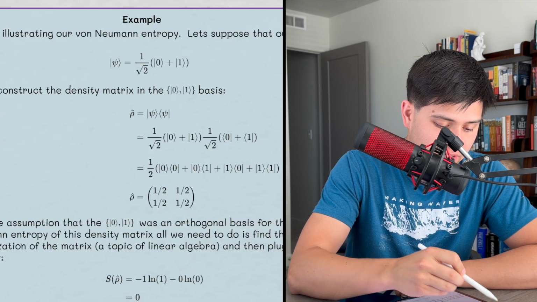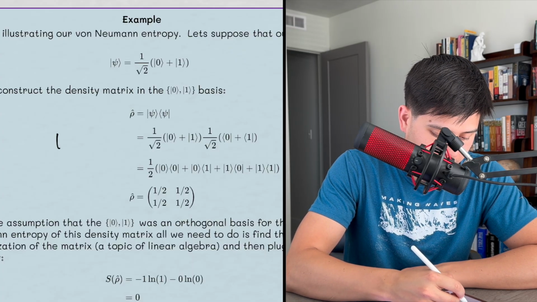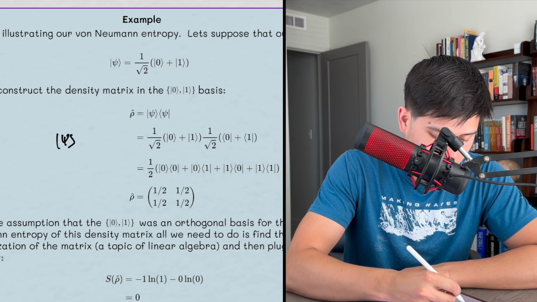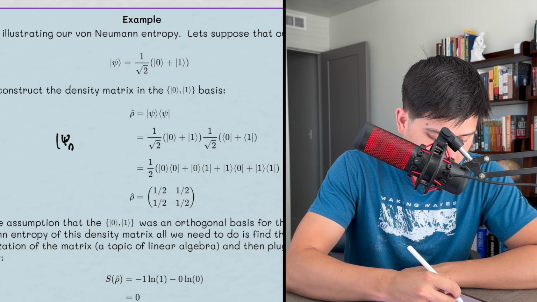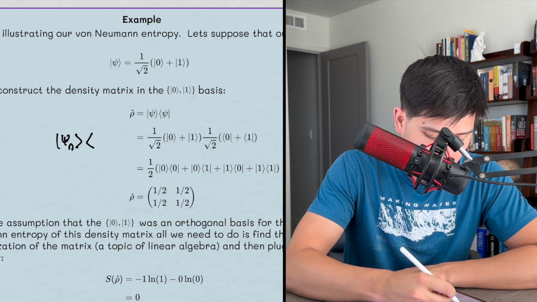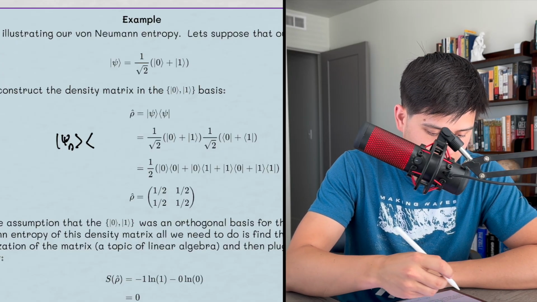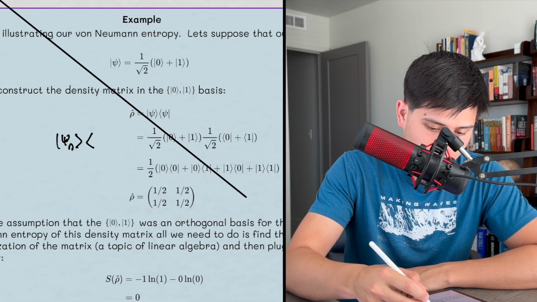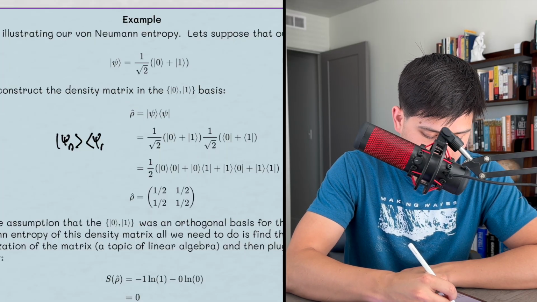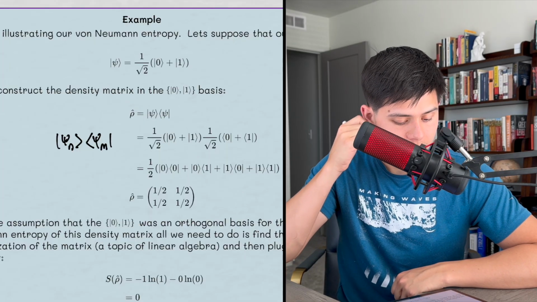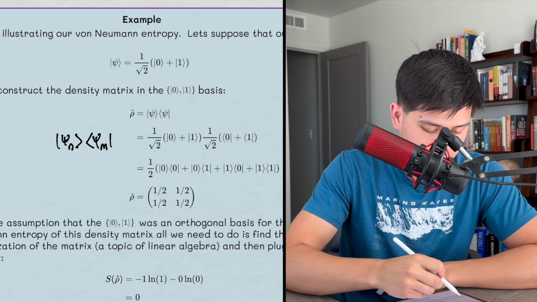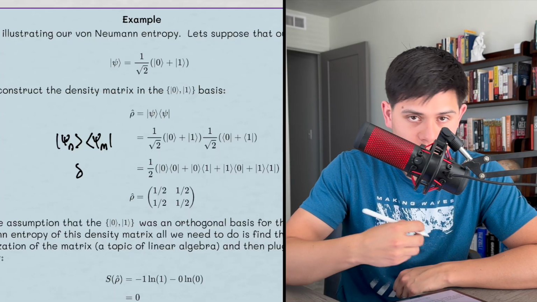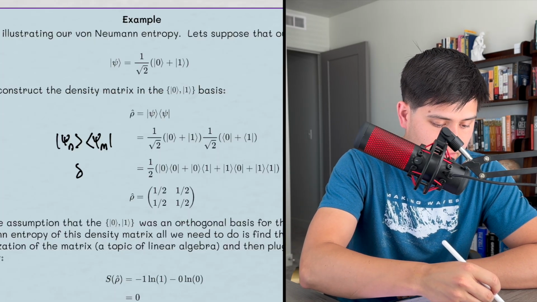Suppose we have two eigenvectors, phi n and phi m. This is going to be a Kronecker delta, because they're orthogonal to each other.